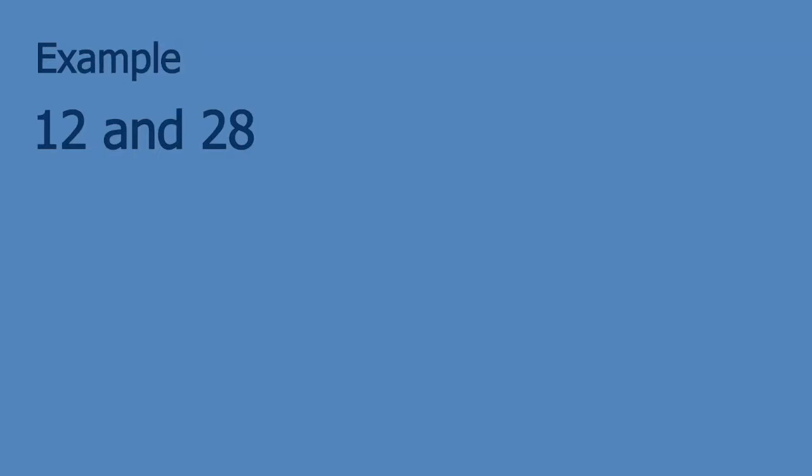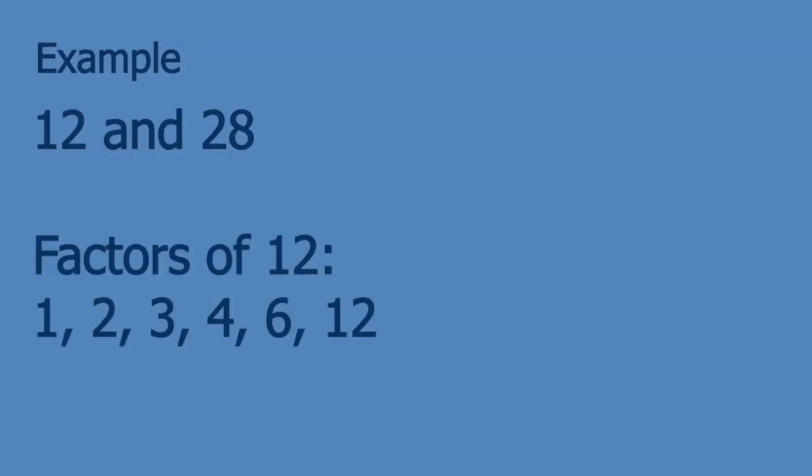Now, the greatest common factor or greatest common divisor is basically a comparison of a group of numbers. What you're doing with that group is you're looking at all their factors and you're picking one that they all share, but rather than just picking any shared one, you're picking the largest. For example, if we look at 12 and 28, factors of 12 are 1, 2, 3, 4, 6, and 12.